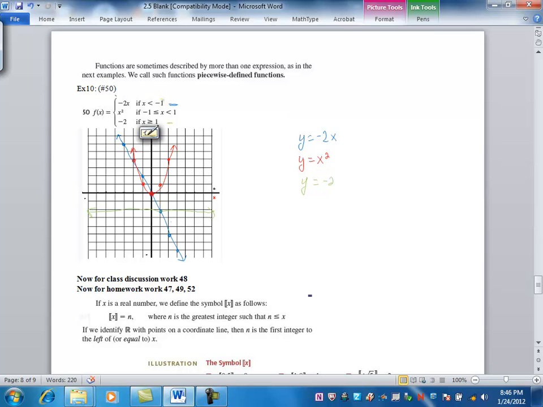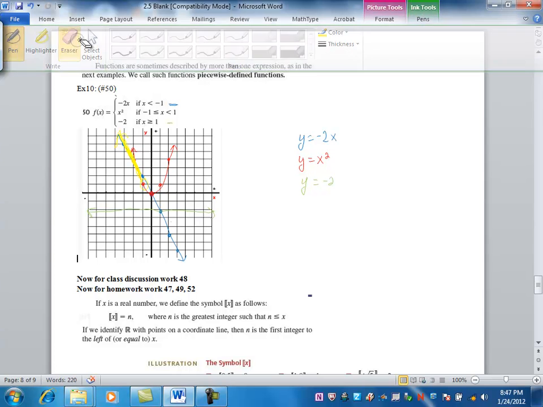If x is less than negative 1, we are on this line y equal negative 2x. So less than negative 1, let's start here. Now this is an open circle at negative 1, and we're going to shade to the left. Okay. And at negative 1, now let's be careful here.